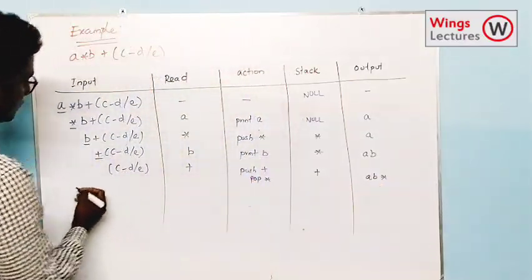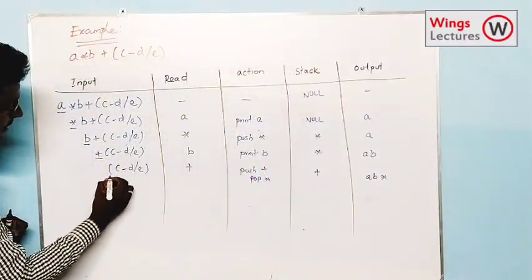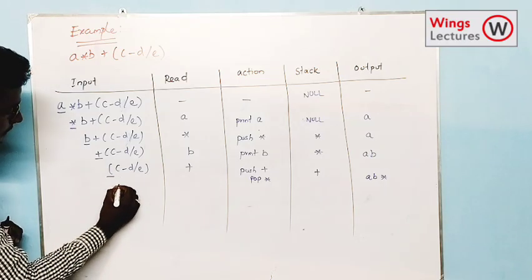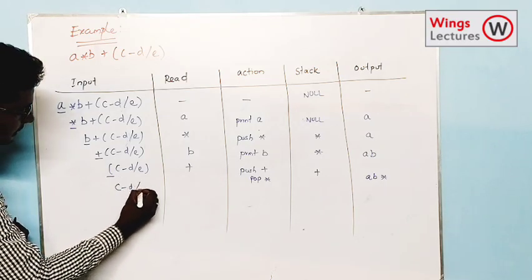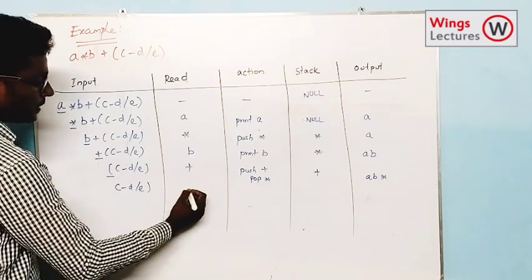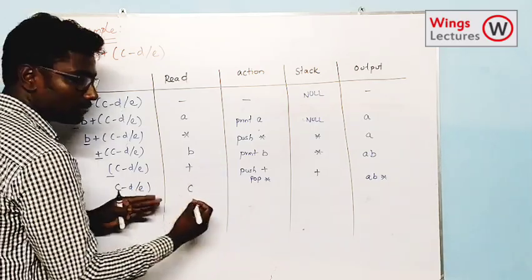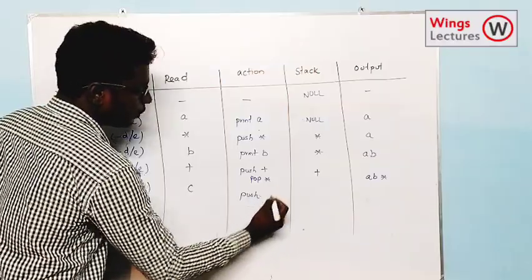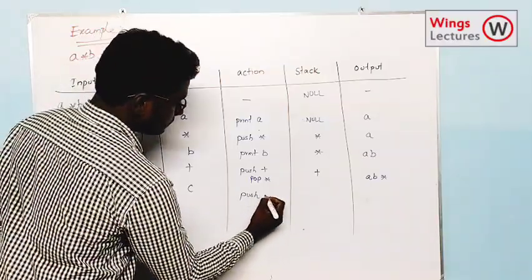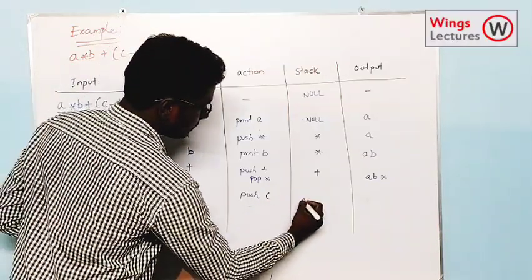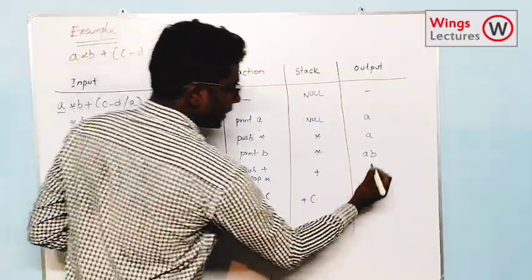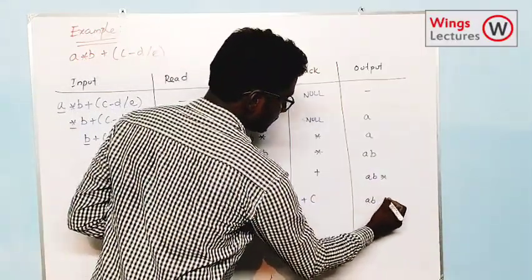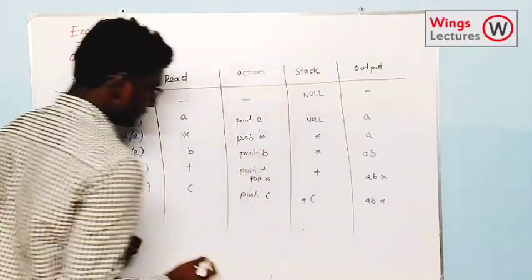Then next I am going to read the open bracket. C minus D, E, close bracket, open bracket. What do I have to do? Push the open bracket, plus, open bracket, and the output remains the same.